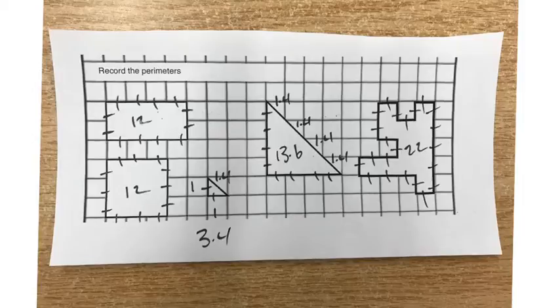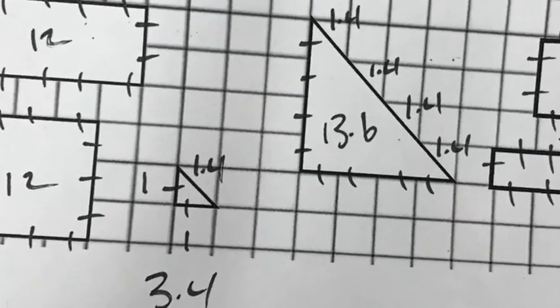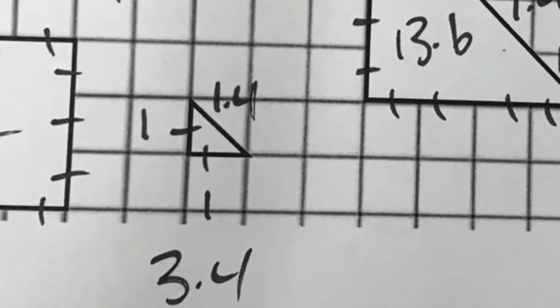If you see a perimeter on a grid like this, you could just tick off the different spots to figure out what the perimeter is for different shapes. These 2 shapes both happen to have a perimeter of 12, even though they're different shapes. Here's an interesting little triangle where you've got a distance of 1 and 1, but let's zoom in a little bit. The distance from corner to corner is not actually 1.